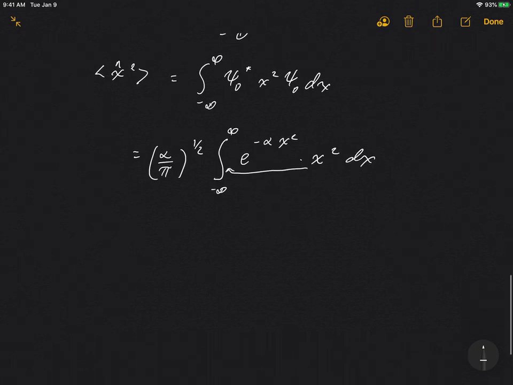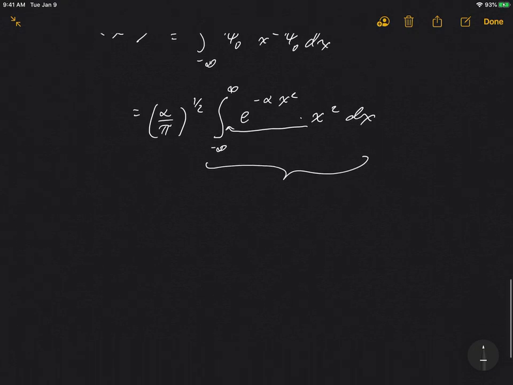And so the answer for this integral is 1 over 2 alpha times pi over alpha to the 1/2.